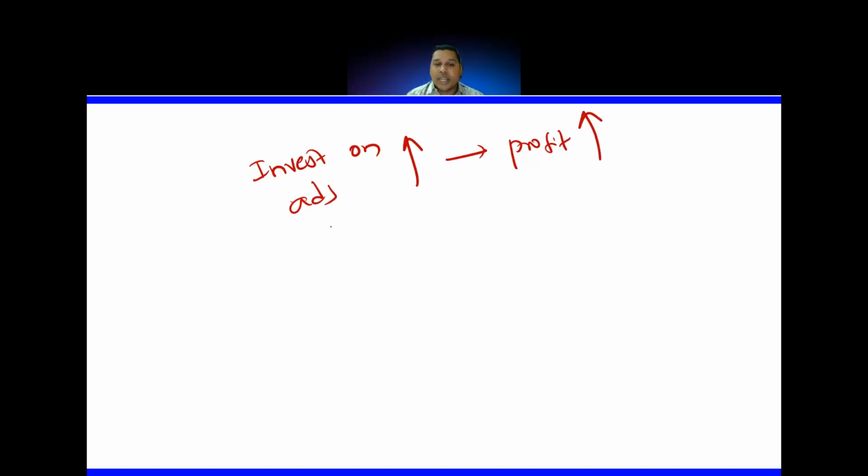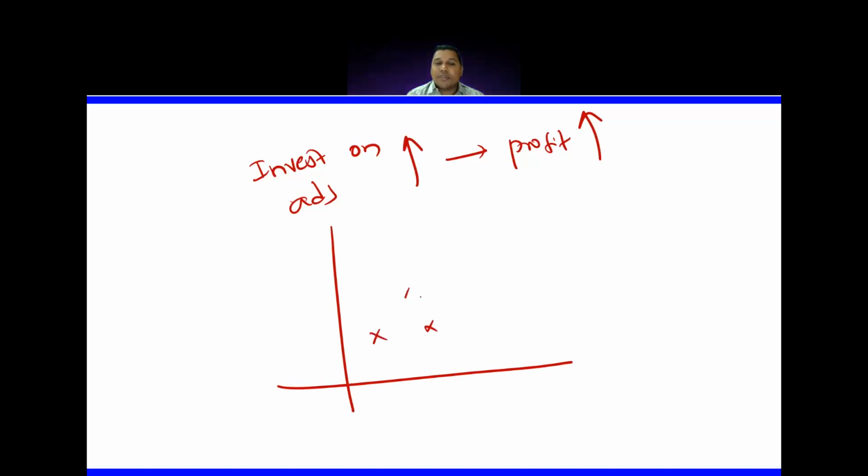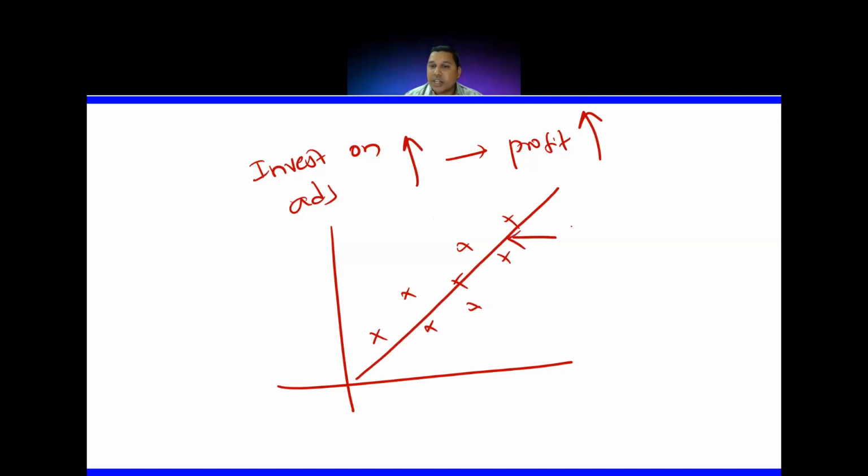That's what we are doing here. When you have the values of x and y, we try to form a best fit equation, a straight line we try to draw. This equation is your regression model. Using this regression model, you can do the prediction.